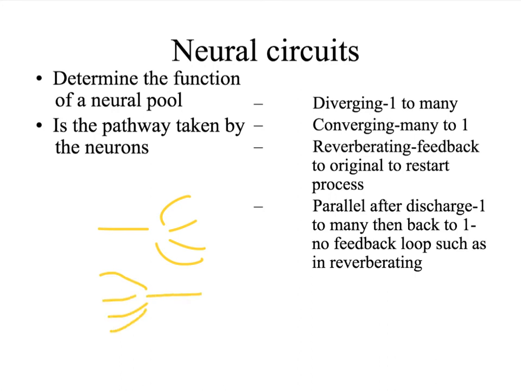You can have reverberating, which is basically you've got a neuron firing on a second neuron, but then it's also reverberating back, so it kind of echoes on itself. Then you've got parallel after discharge, which is where you'd have one neuron that's going to be firing on many, and then it ends up going back to one.